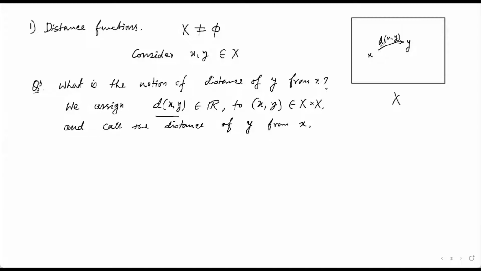So we put an arrow to mean that this is d(x, y). This is the distance of y from x, and this satisfies so-called a few axioms of distances.